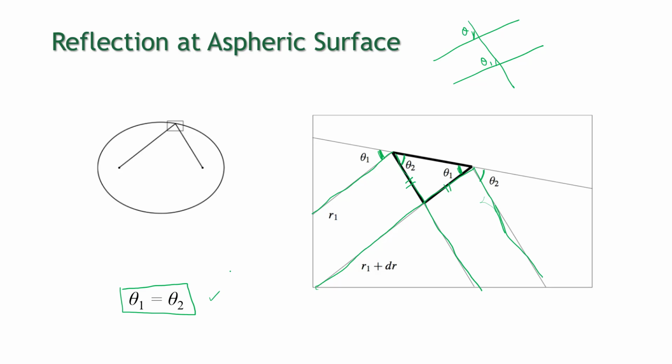So that means this kind of surface could be used for the purpose of reflecting light, because it satisfies the condition of reflection. So this kind of surface is good for reflecting light.